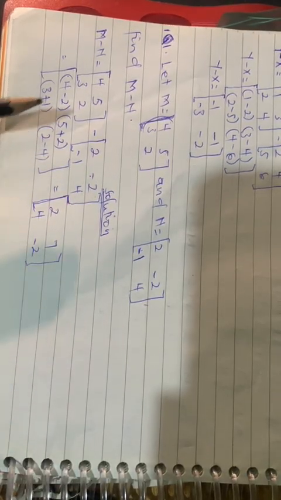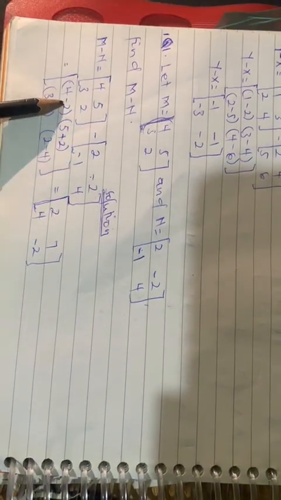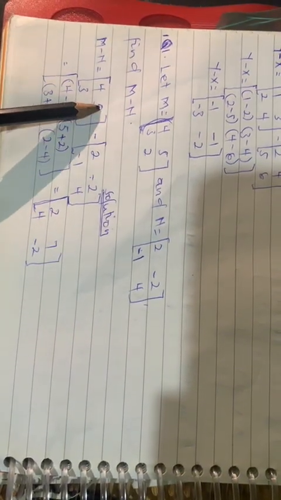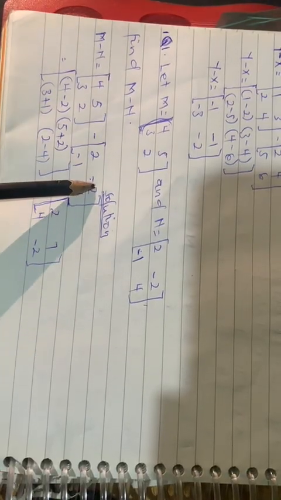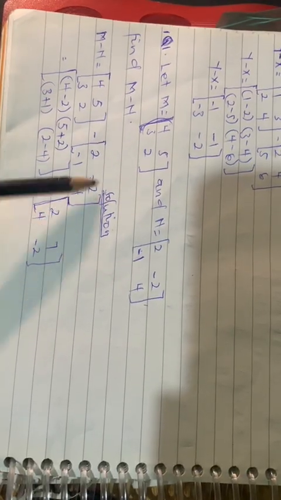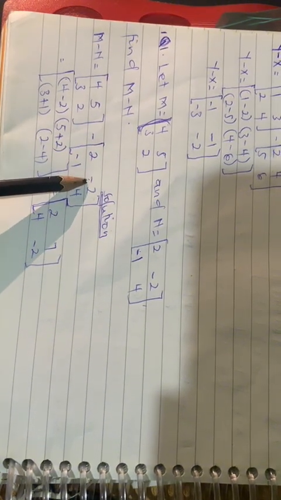So let's do the subtraction. 4 corresponds to 2, so 4 minus 2. 5 corresponds to negative 2, but because this is negative, it is negated, and we're also subtracting it, so negative will give you positive. Do you get it?